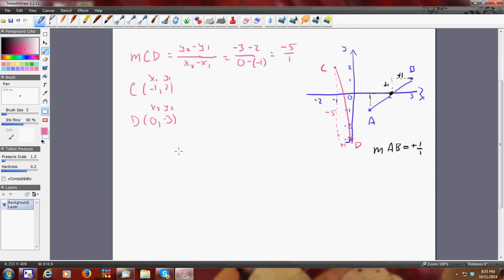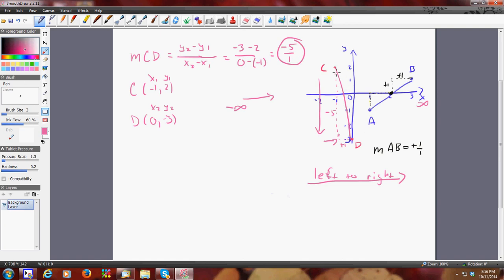Well, what I wanted you to see is from C to D, if we're always traveling in a left to right manner along our coordinate plane, and that makes sense because we're starting in the region of negative infinity, we're heading towards positive infinity. From C to D, we're traveling downward and to the right, and our slope is negative.